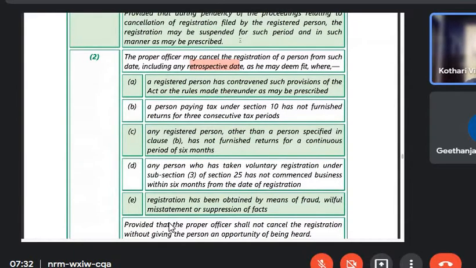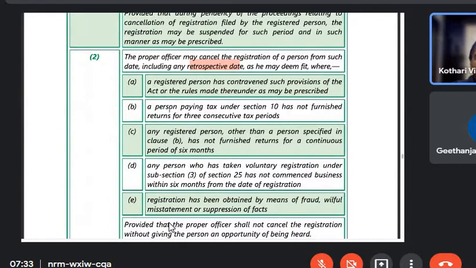The first situation is that the proper officer may cancel the registration from such date, that is, the date which he feels, or from any retrospective date. This does not mean that he may cancel only today. He may cancel from a past date also. Now if he is cancelling from a past date, what is the impact? Whatever input tax credit he has claimed will lapse. He has to pay tax for that. So all those things will come into the picture.